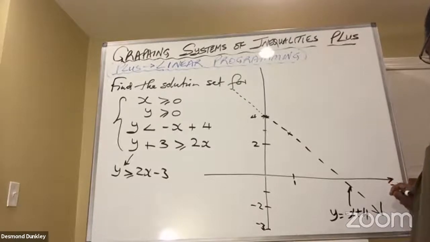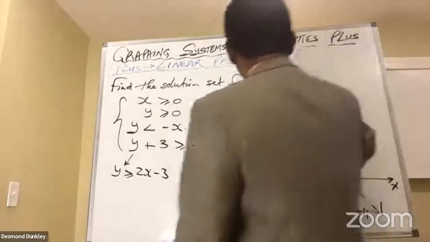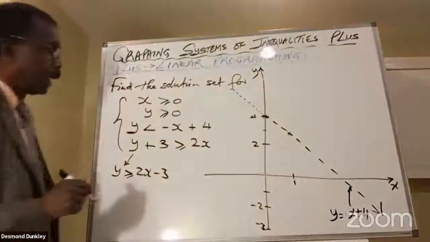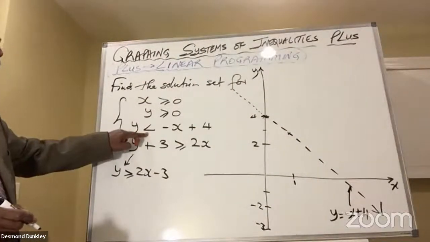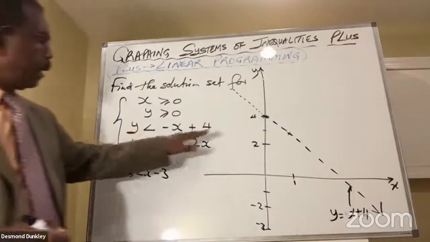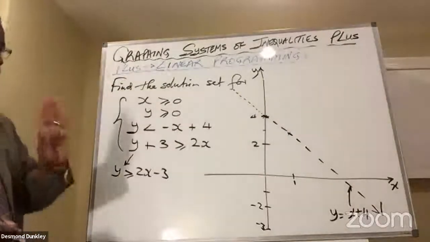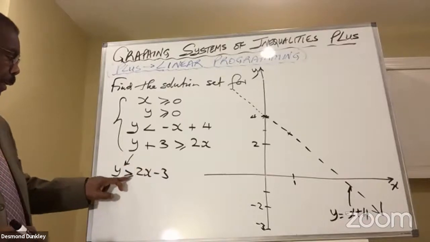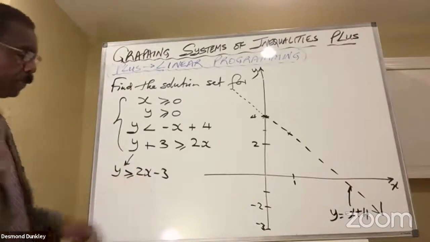This is our x-axis. This is our y-axis. And if we look at this, we realize that we're going to be shading below this line, but we leave that for later. This one says y is greater than or equal to 2x minus 3.